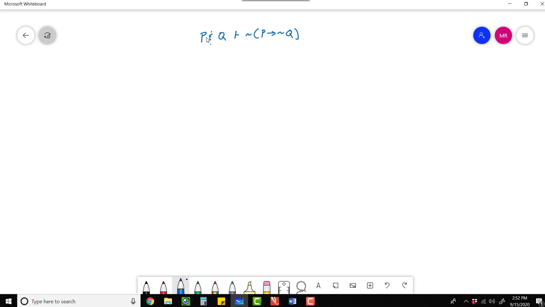Okay, so problem number 2 tells us to derive from the assumption P and Q that it's not the case that if P, then not Q. Okay, so here, of course, the main operator is what?